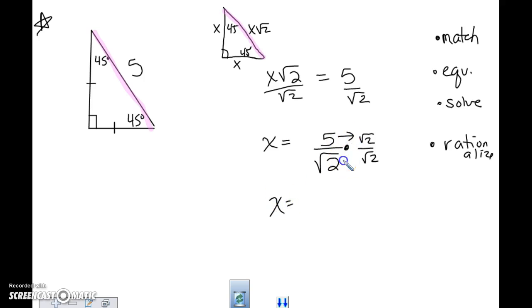So if I go across and multiply 5 square root of 2 over the square root of 2 times the square root of 2, square root of 4. And what's the square root of 4? Which is just 2. So now the x part is 5 square root of 2 over 2. If I replace it back in my formula triangle, that's what each one of these legs are.